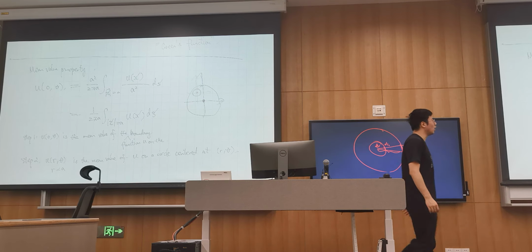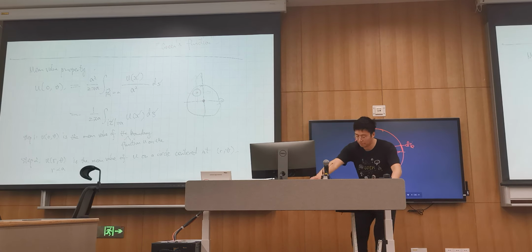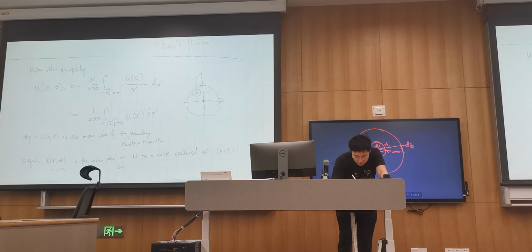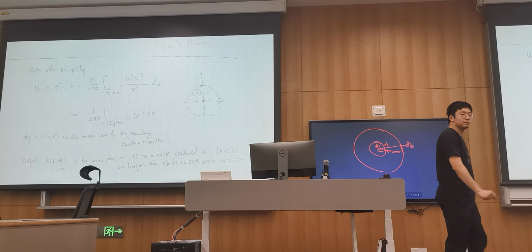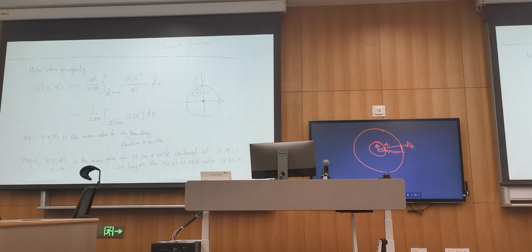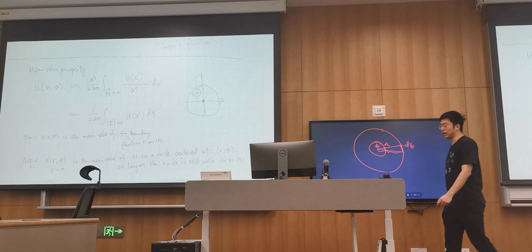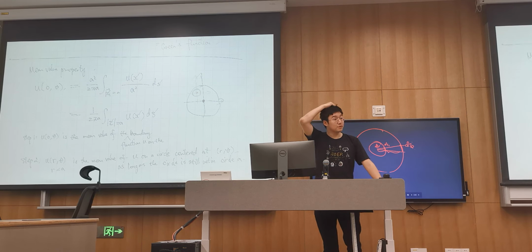This actually holds as long as the circle is still within circle A. That works for an arbitrary point and arbitrary circle, as long as the circle is confined by the original circle A. Sounds good?